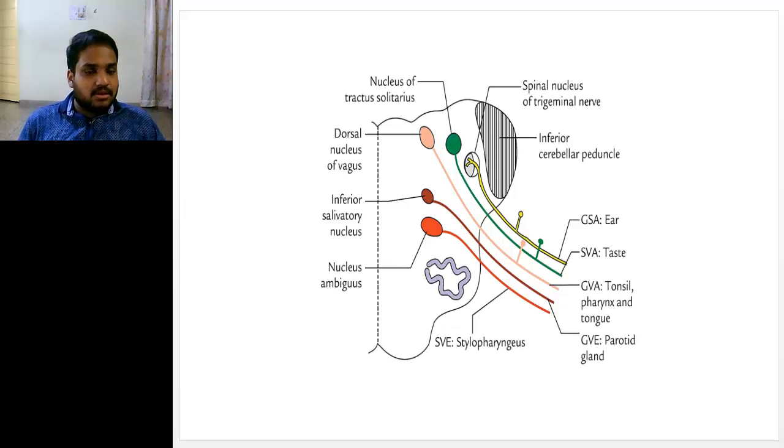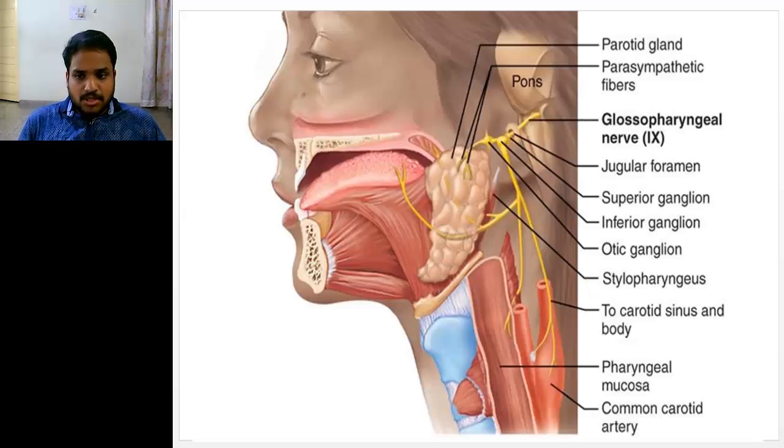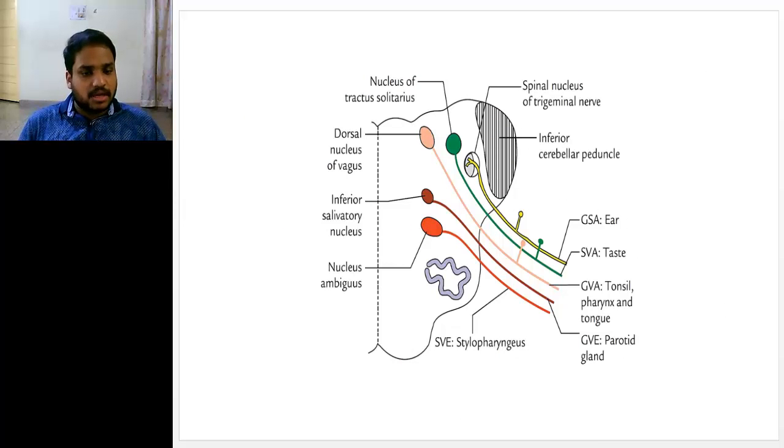Now we will come on to the 9th and the 10th nerve, that is the glossopharyngeal as well as the vagus nerve. So the 9th nerve, that is the glossopharyngeal nerve, right. The nuclei of both 9th and 10th cranial nerves are in the medulla itself.